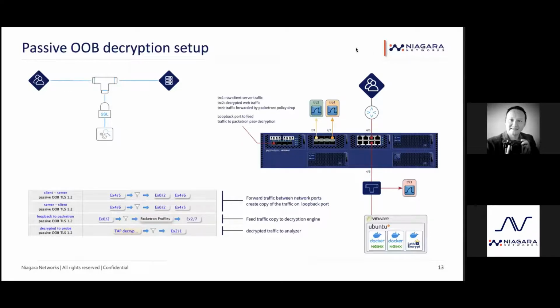So this is an out-of-band decryption, where the client is talking to the server, and the server is talking to the client. We take a copy of the traffic, send that through the SSL engine, which sends the traffic on port 21 to an inspection tool. So passive out-of-band is only applicable for the static keys, the non-ephemeral keys, for deployment.